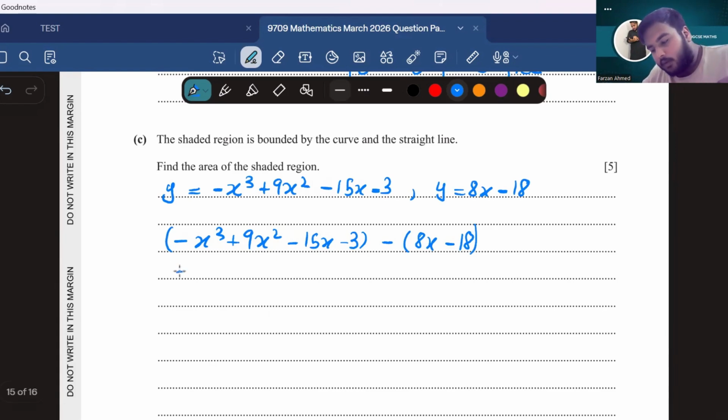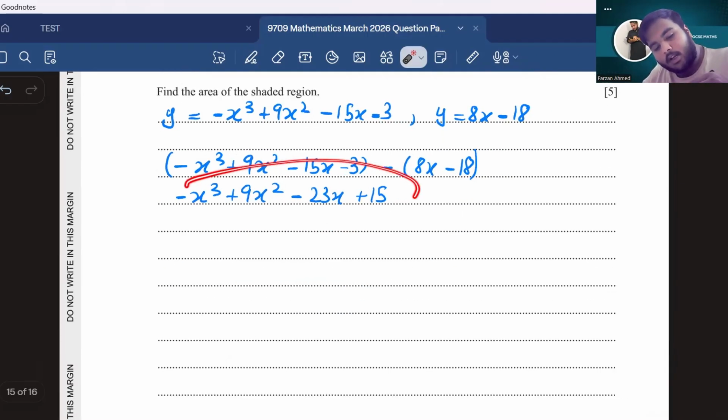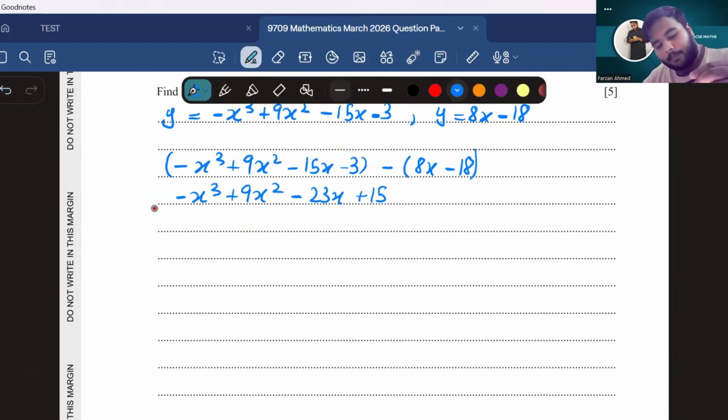When we do this, we have minus x cubed plus 9x squared minus 23x plus 15. Now we will integrate this. Area is equal to the integration sign, with limits 5 and 3.